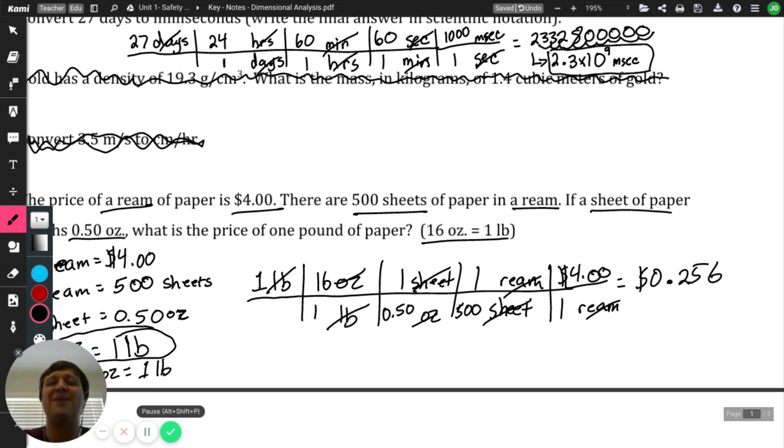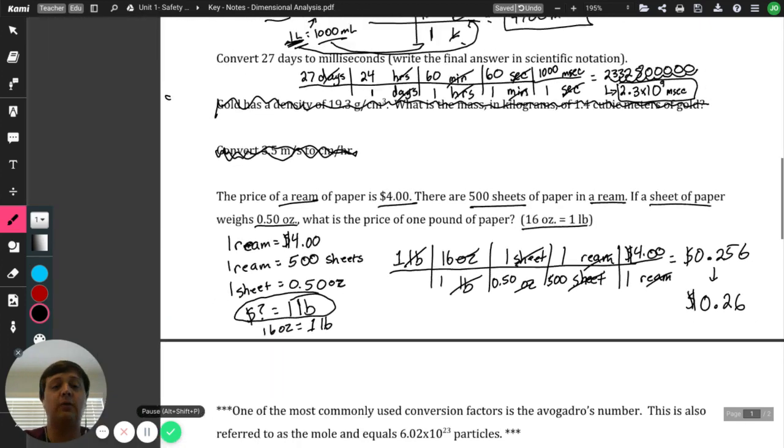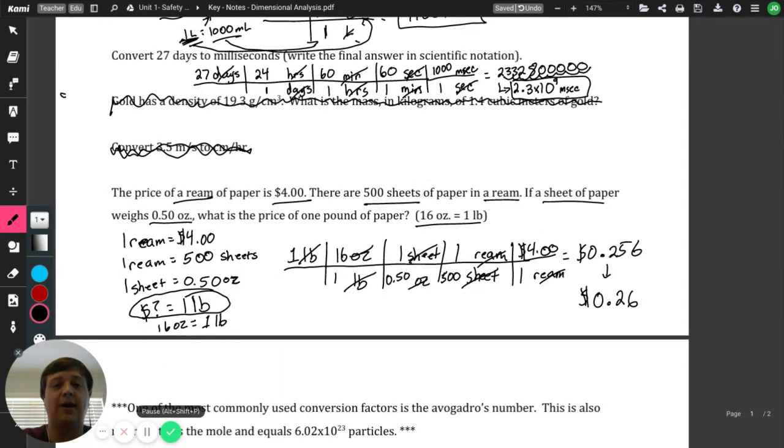But if you think about it, our money does not work like that, right? So we need to round this into something that we would actually use, which would be 0.26. So it's going to cost us 26 cents for every 1 pound. Okay. So that's dimensional analysis, y'all. If you've got any questions, please don't hesitate to ask.